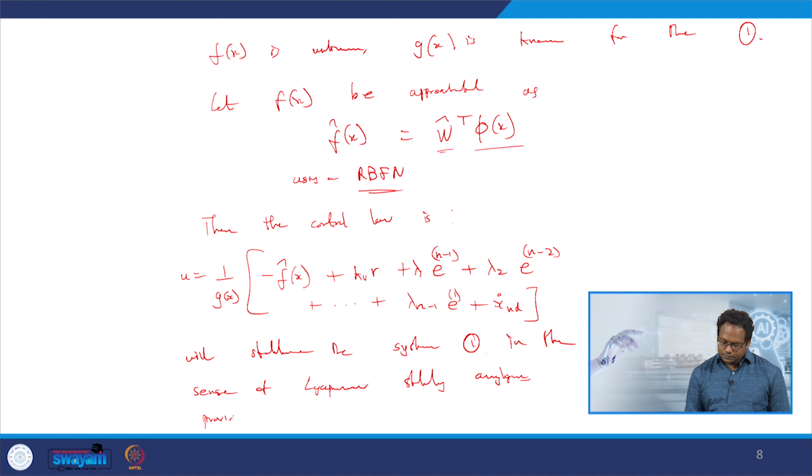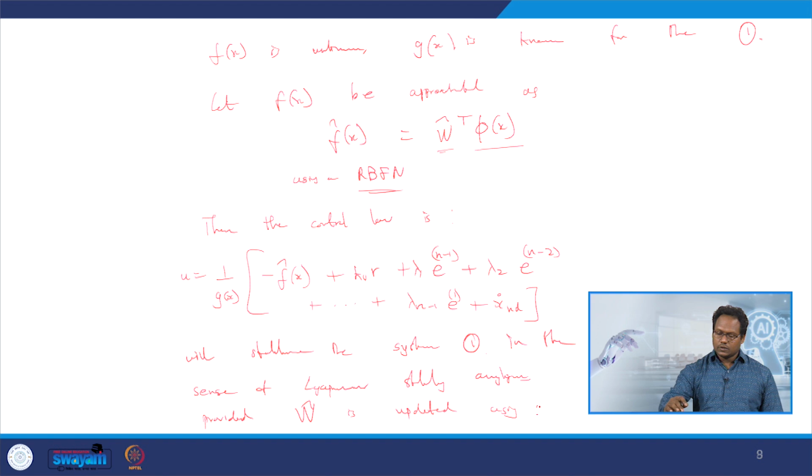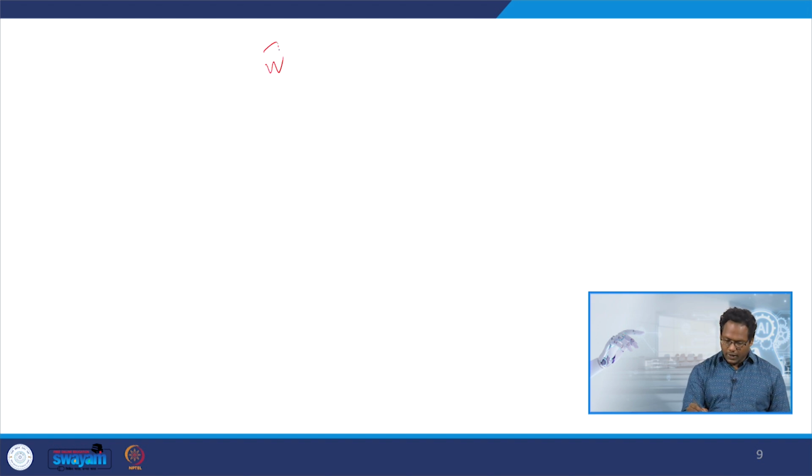provided W hat is updated using an approach called W hat dot equal to minus gamma into phi into r, where gamma is a positive definite matrix.